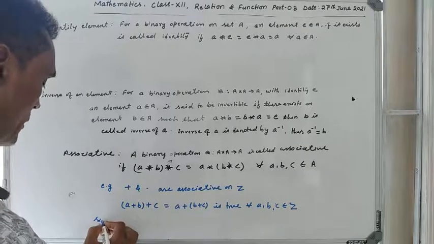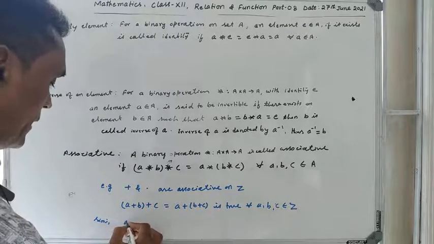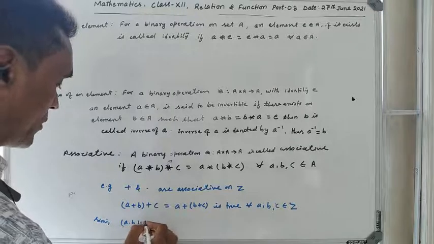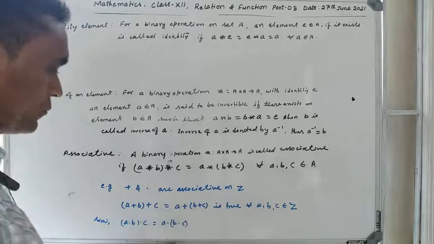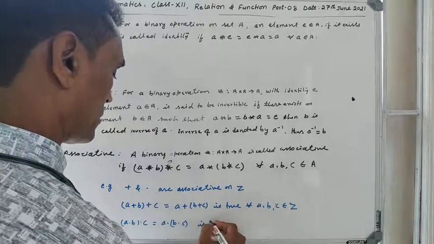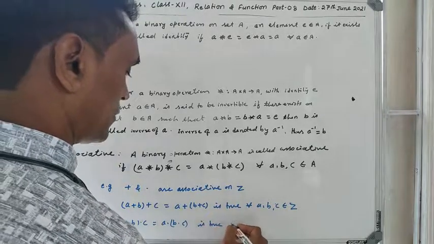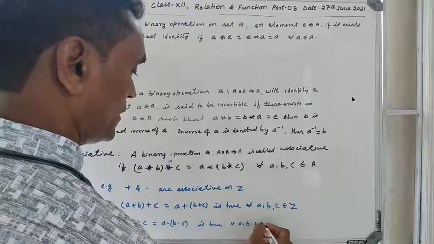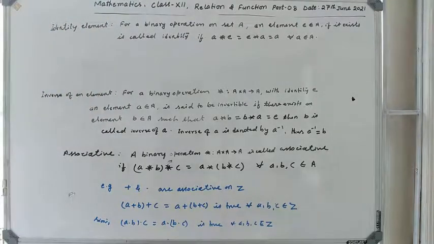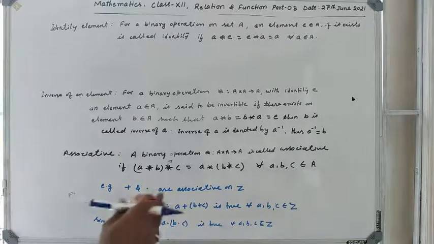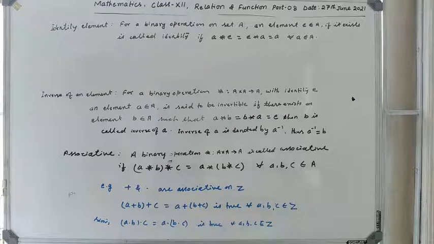Similarly, for multiplication, (a dot b) dot c is equal to a dot (b dot c). This is also true for all a, b, c belongs to Z. So addition and multiplication are associative, but division is not associative on the set of non-zero real numbers.